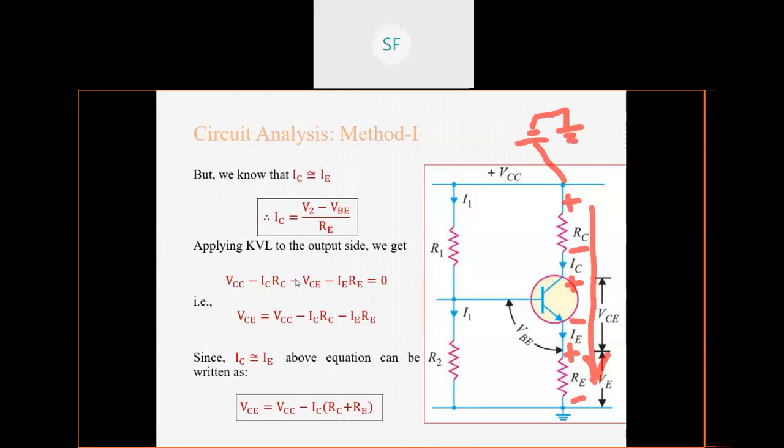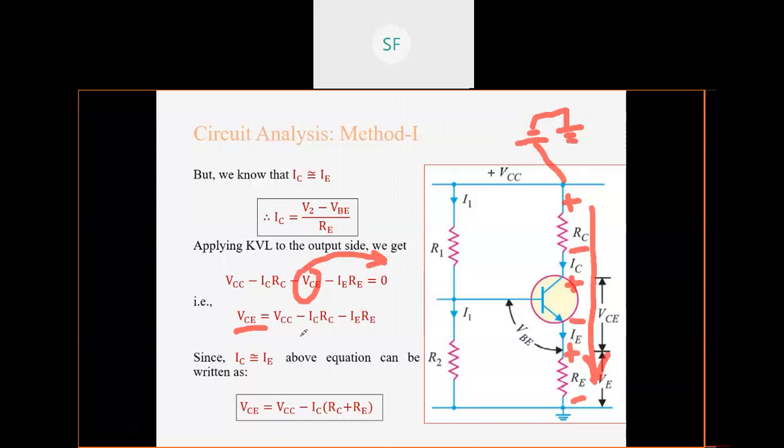I hope this much is understood to you. And then we have arranged this particular expression in terms of VC, because I want the formula for VC, right? So I have taken VC at one side, and remaining all terms are on another side. So VC जब मैं दूसरे साइड में भेज दूंगा तो it will become positive like this.